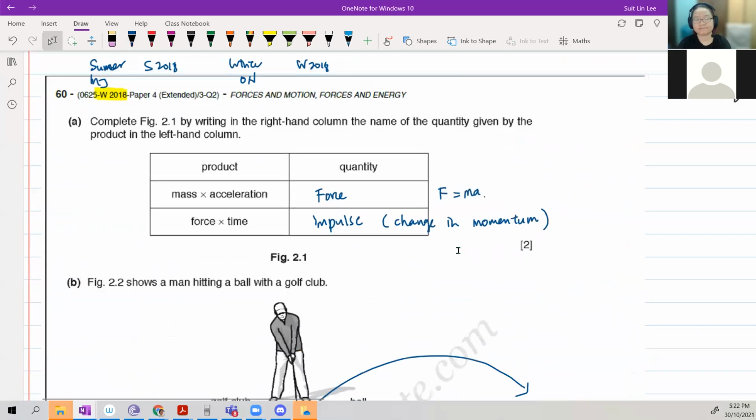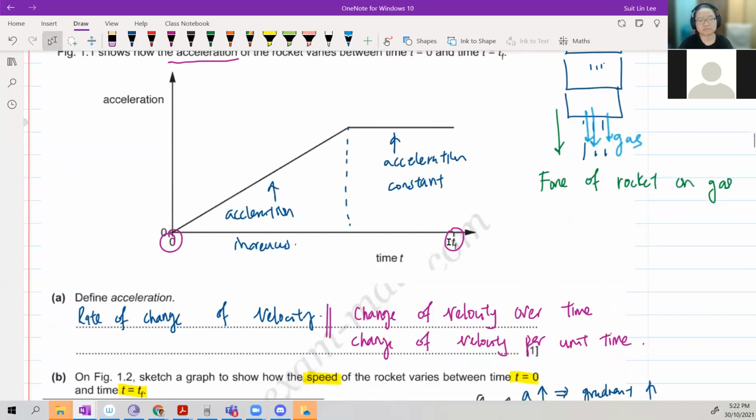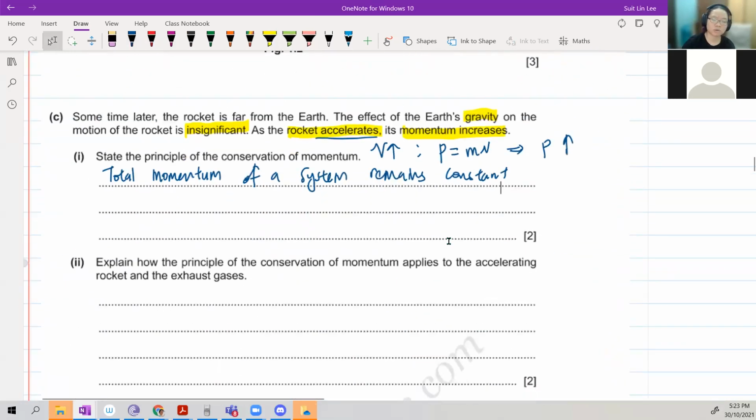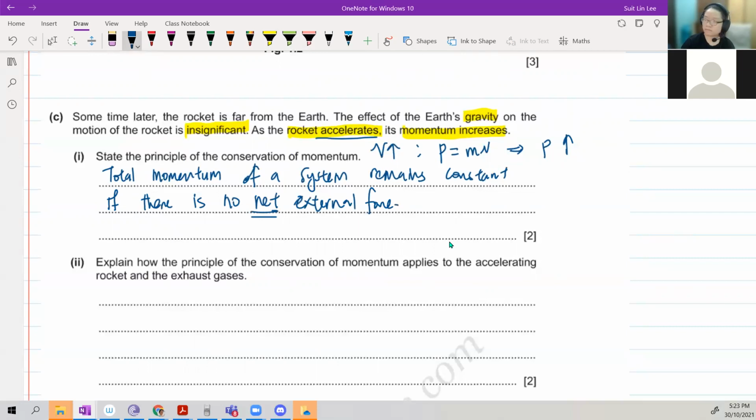So from here, I could write the total momentum of a system remains constant if there is no, or provided there is no net external force on the system.